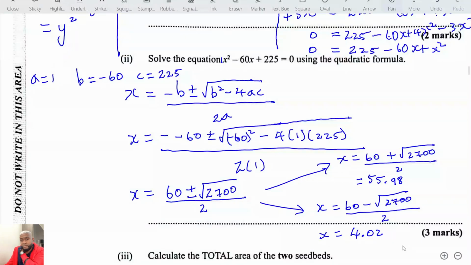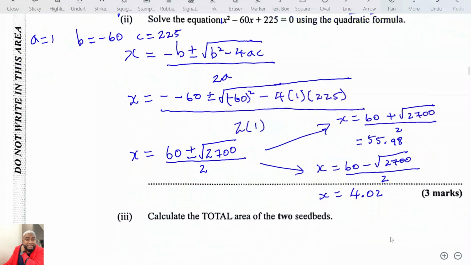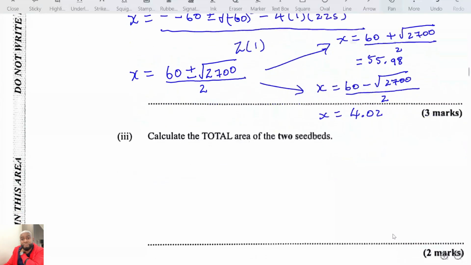Good. All right. So we found two values of x, but then they asked us to calculate the area of the two seabeds. But we have two values of x. We have x is equal to 55.98, and we have x is equal to 4.02. Right? So look at what's going on here.